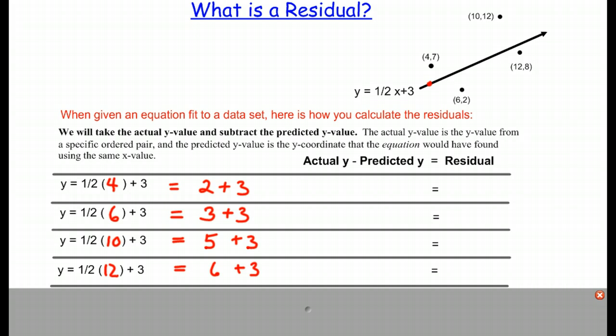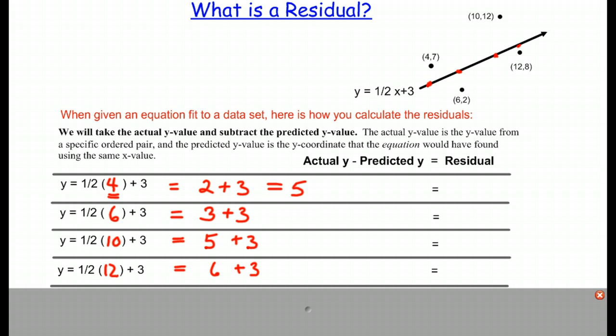In order to answer that question, I needed to know the height of that red dot right there, directly below the point. So what I do is I take that x value here, and I plug it into the equation, and I get the corresponding y value, and that is 5. And then I also want to know when x is 6, what the line would have predicted. When x is 10, what would the line have predicted? And when x is 12, what would the line have predicted?